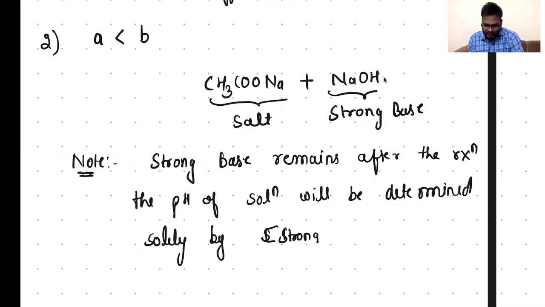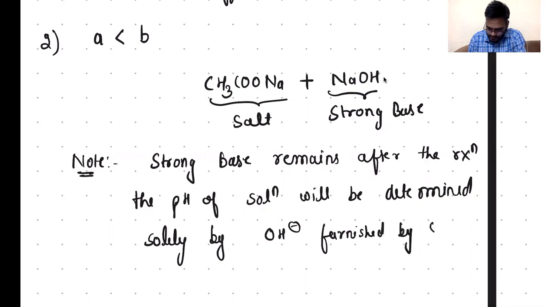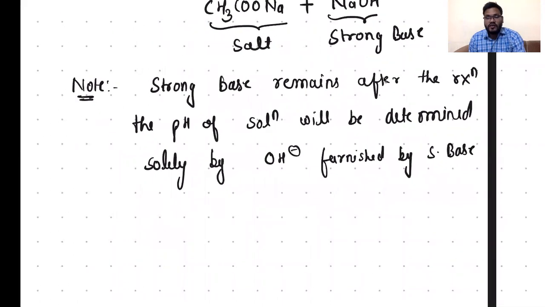I mean to say the pH of the solution will be determined solely by the hydroxyl ion furnished by the strong base. So it is not a case of a buffer solution.